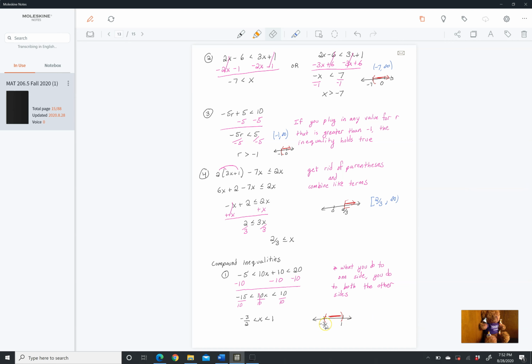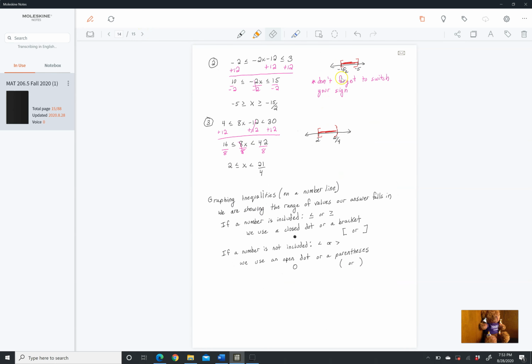So here, our smallest number is -3/2. That's the beginning of our range, and it goes to 1. That's the end. That's the highest number. And they're surrounded by parentheses. So it goes -3/2 to 1. And then the last two that we did, again, same thing.